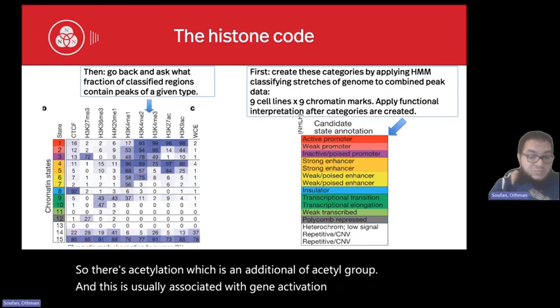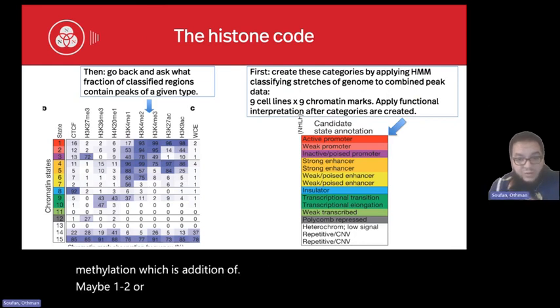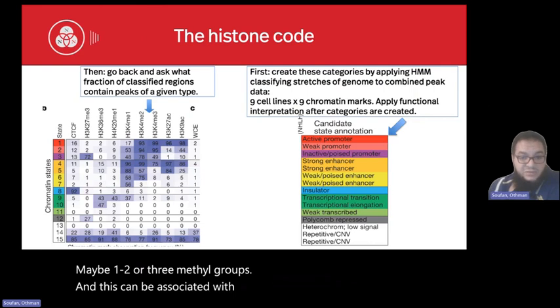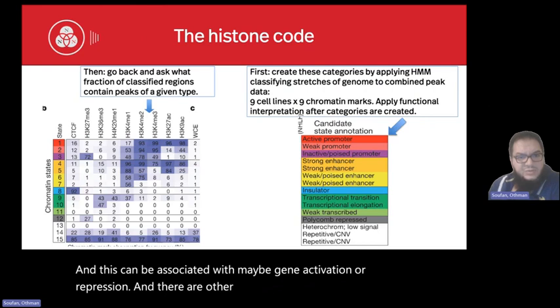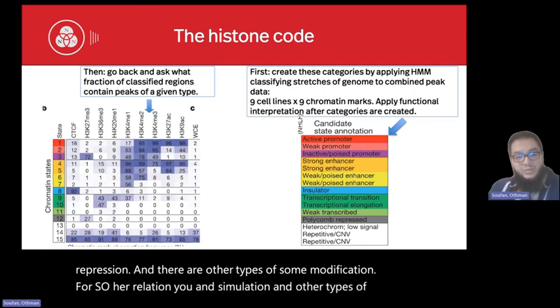There is methylation, which is the addition of maybe 1, 2, or 3 methyl groups, and this can be associated with either gene activation or repression. And there are other types of histone modification, such as phosphorylation and sumoylation.